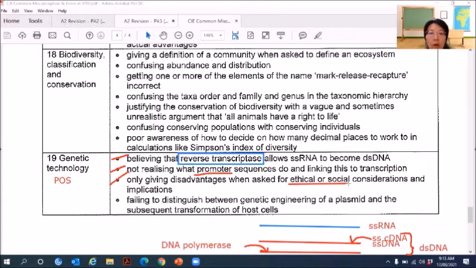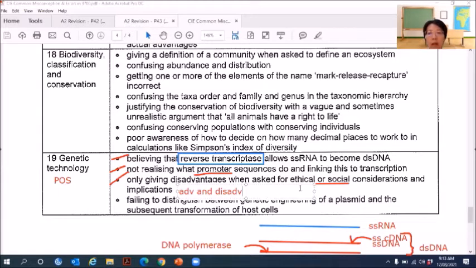So therefore, all the applications will provide us with a certain product or service that we want. So when you are asked for the ethical and social consideration and implication of those technologies, then you have to talk about both the advantages and disadvantages.